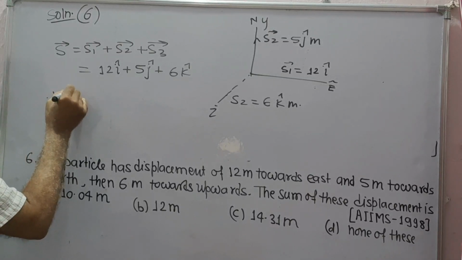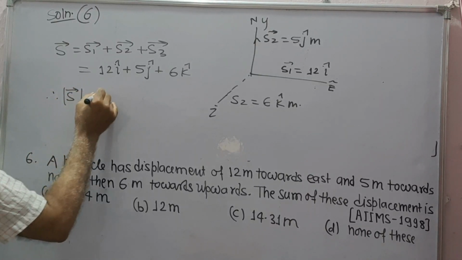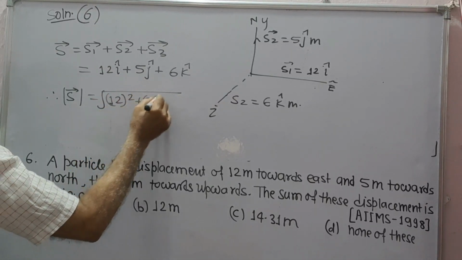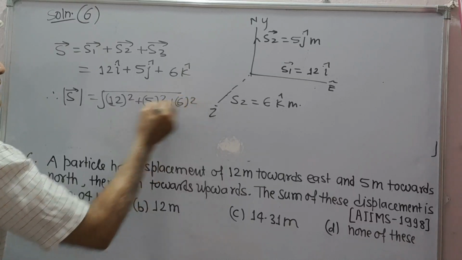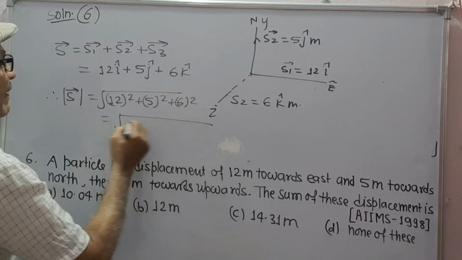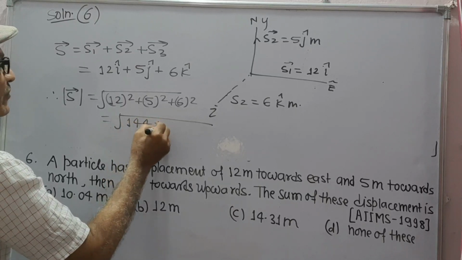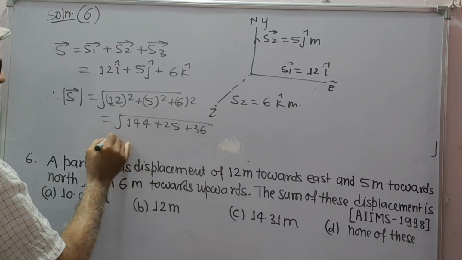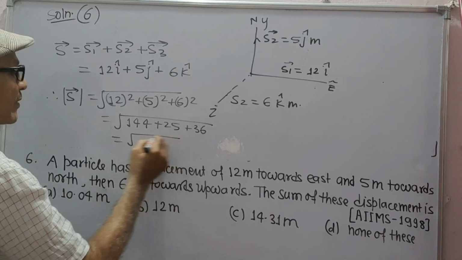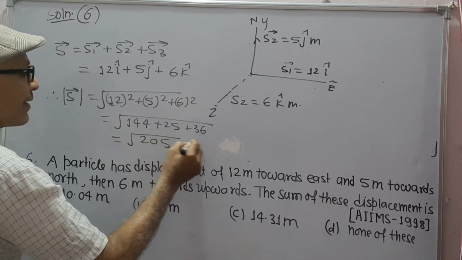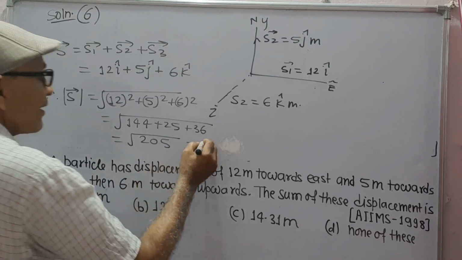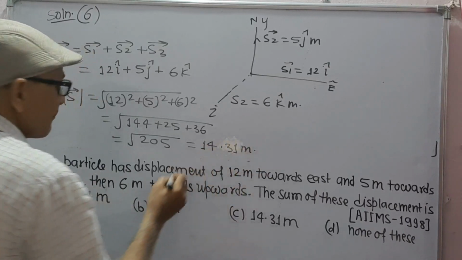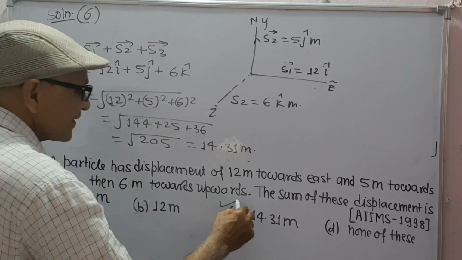Therefore, the magnitude of displacement will be equal to root of 12 square plus 5 square plus 6 square, which gives 144 plus 25 plus 36, that is under root 205, which is 14.31 meter. So, the correct option will be C.